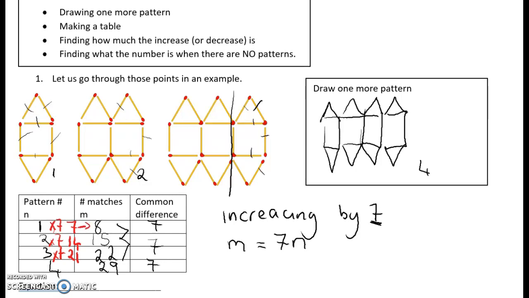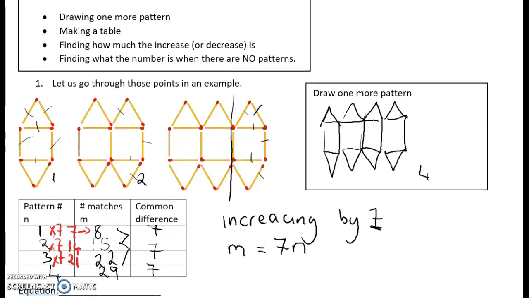What I want you to look at is, what do I have to add to 7 to give me 8? Good, I have to add 1. And what do I have to add to 14 to give me 15?